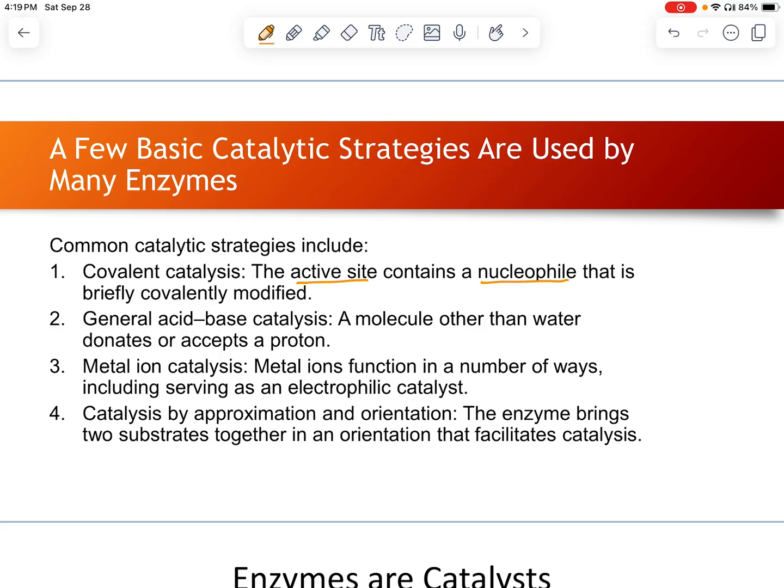General acid-base catalysis, that's when we have some molecule other than water that's donating or accepting a proton. Metal ion catalysis, so metal ions can function in many ways, and we'll look at a couple of examples of that in some future videos. And catalysis by orientation. The enzyme brings the substrates together to get them close enough together and in the right orientation to react.